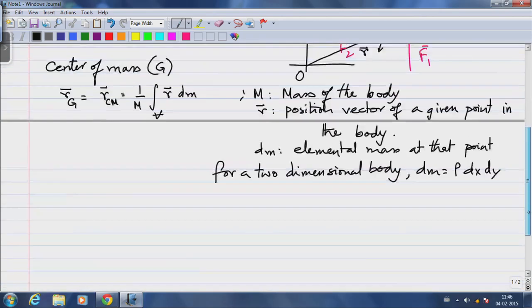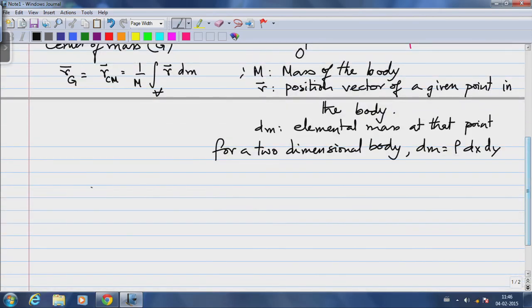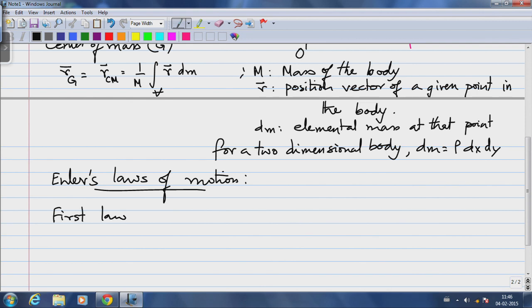So, the extension we can make of Newton's second law is what we will call Euler's laws of motion. And the first Euler's law of motion states that the sum of all forces acting on a rigid body is equal to the rate of change of momentum of the center of mass.